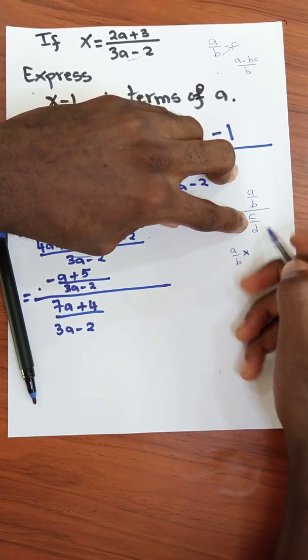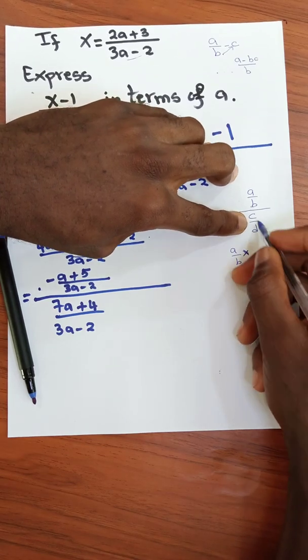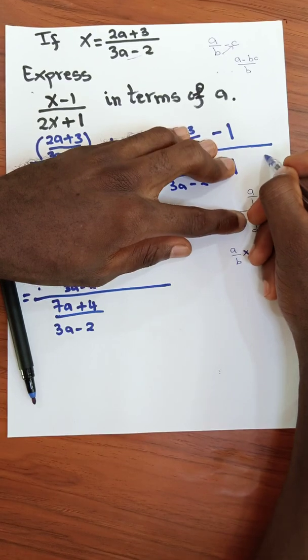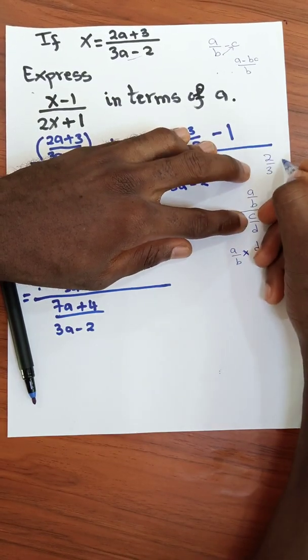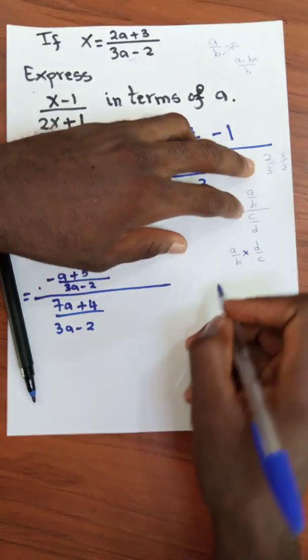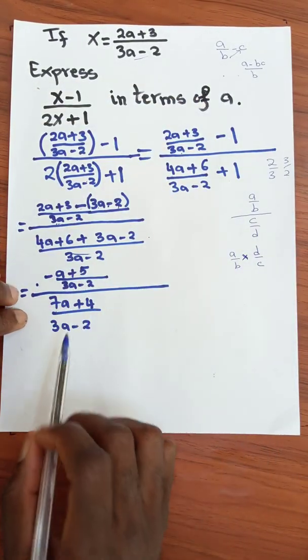The denominator here was c over d, so the reciprocal of c over d is d over c. So the reciprocal of 2 over 3 is 3 over 2. Are you getting it? So we'll apply that same ideology here.